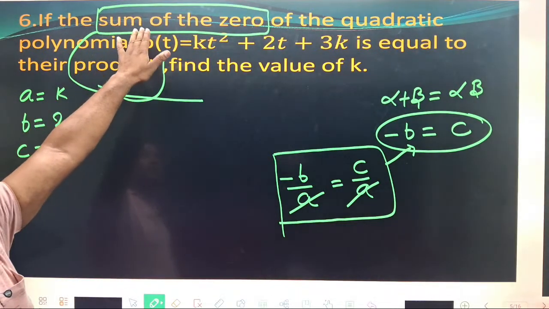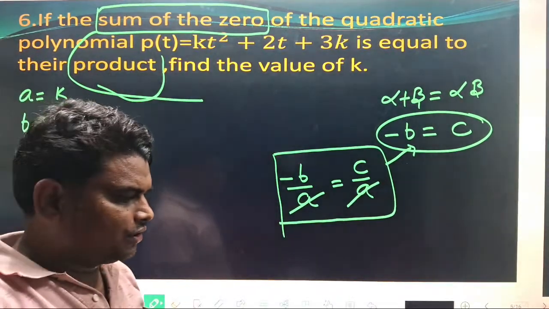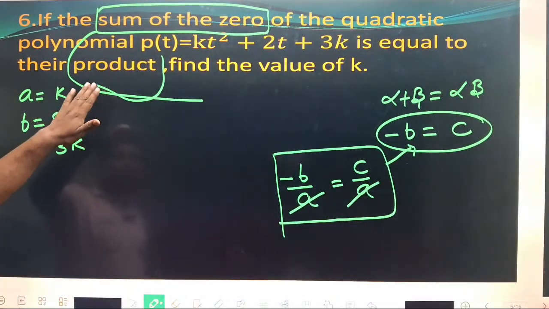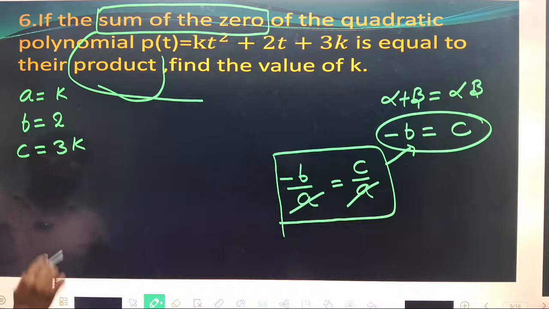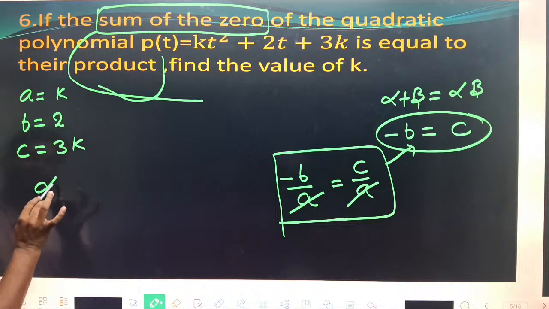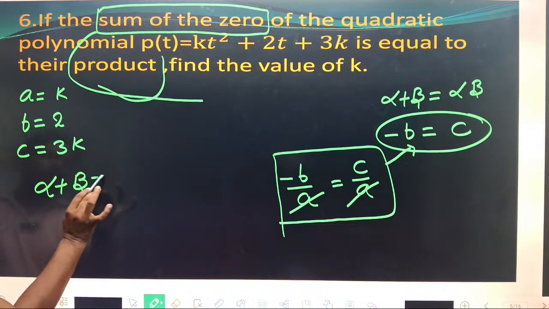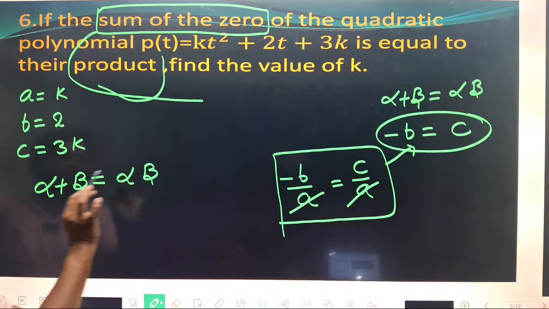The case is that the sum of zeros is equal to the product of zeros. Sum of zeros means alpha plus beta, that is equal to the product of zeros, alpha into beta.